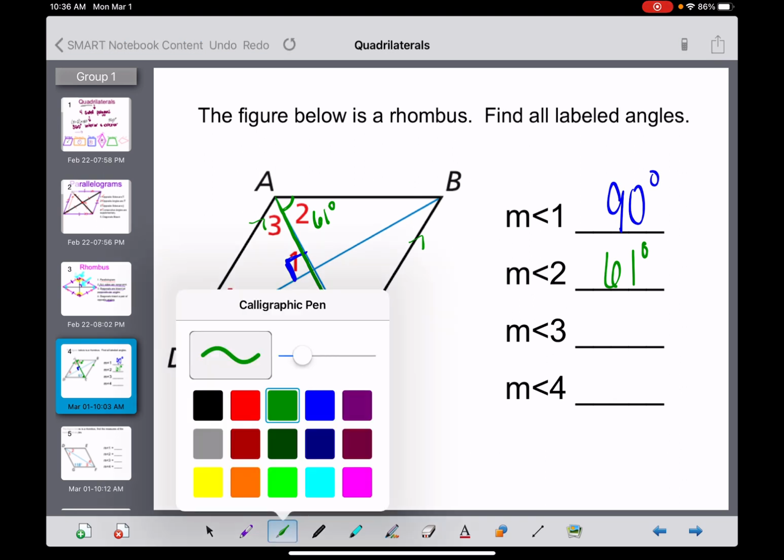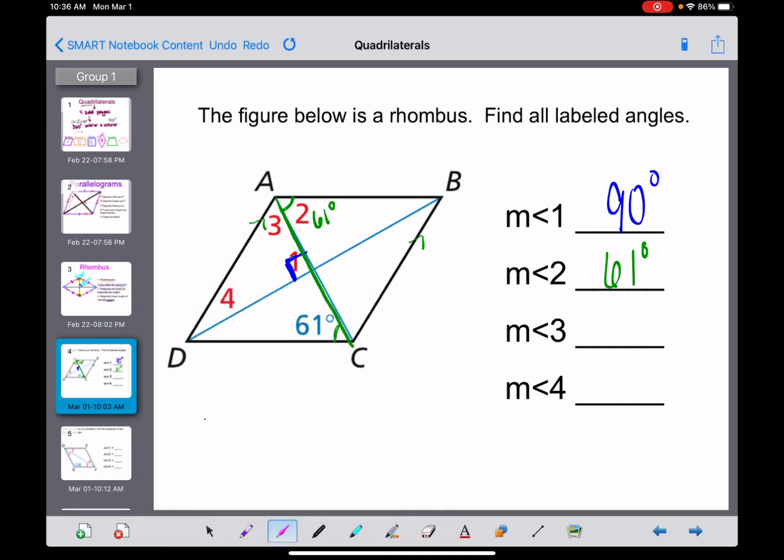What we just learned is that the diagonals bisect this entire angle. So it cuts angle A into 2 equal parts. So if angle 2 is 61 degrees, angle 3 is also 61 degrees.